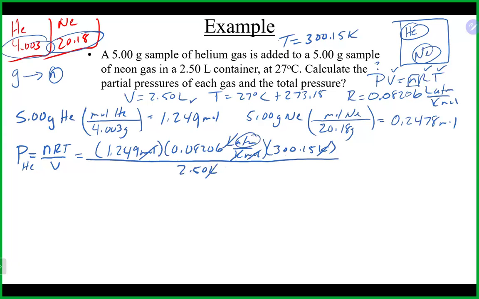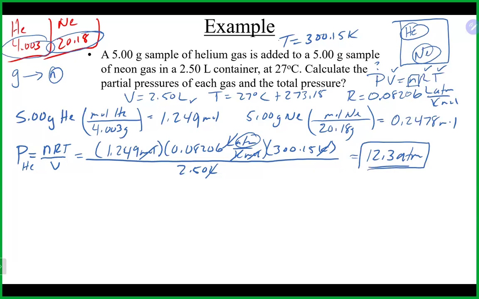If we do that, divided by 2.5, we'll end up with about 12.3 atmospheres. This is what is referred to as the partial pressure of helium in this case.